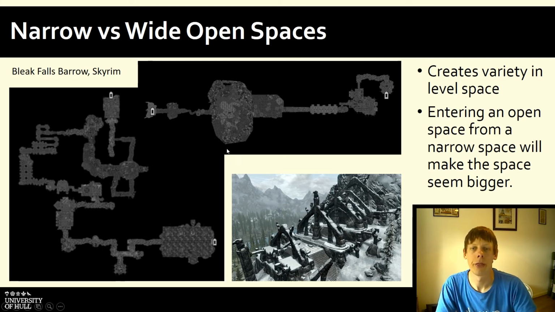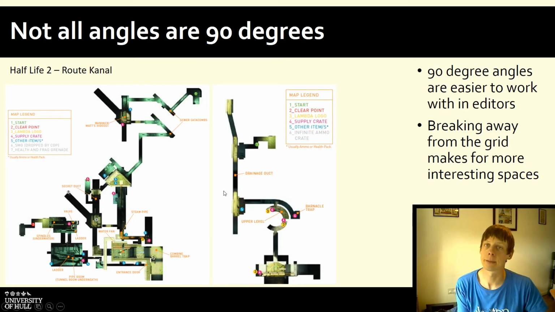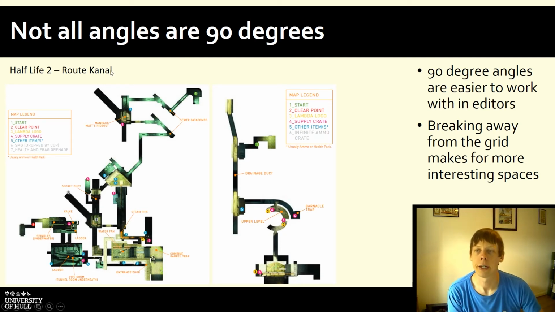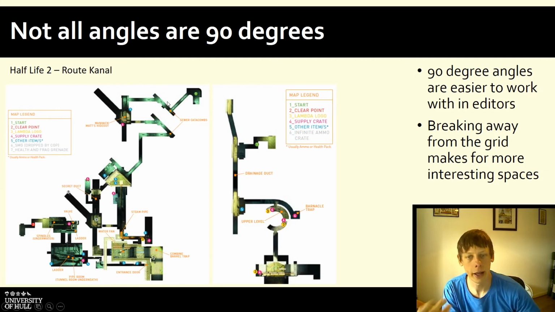I think this one is probably the last point that I'll talk about in this session, but essentially this is about breaking away from that grid, and not all angles are 90-degree angles. Again, this is from an early section in Half-Life 2, the root canal section. So this is further on than the map that I showed you earlier.